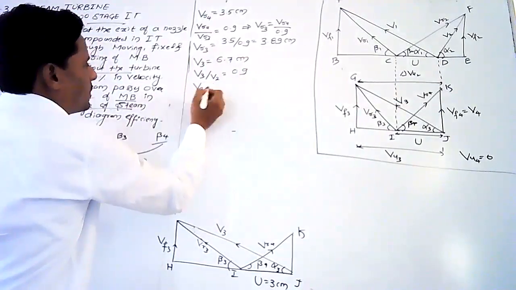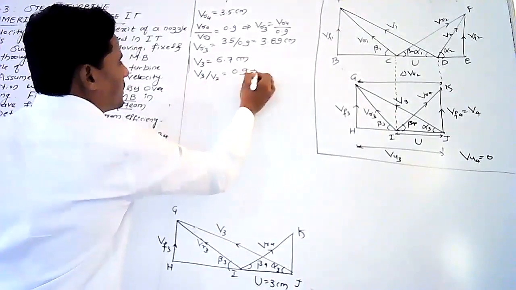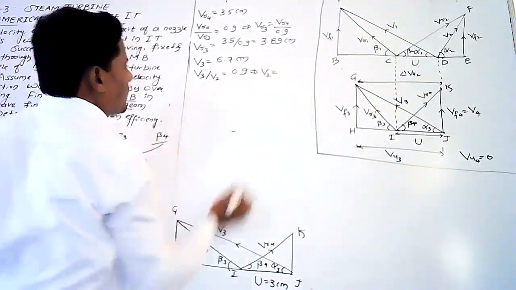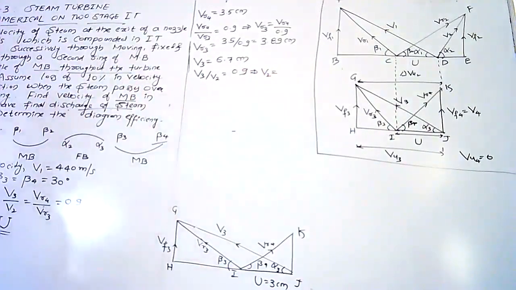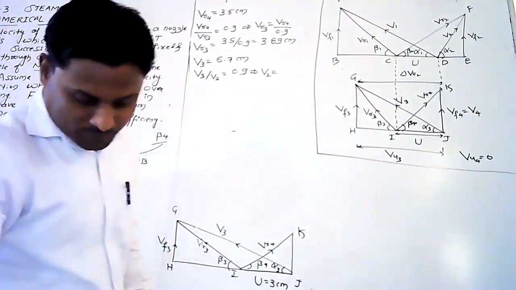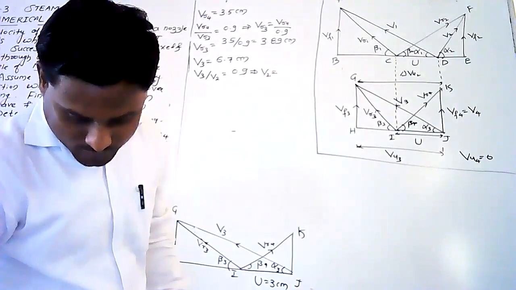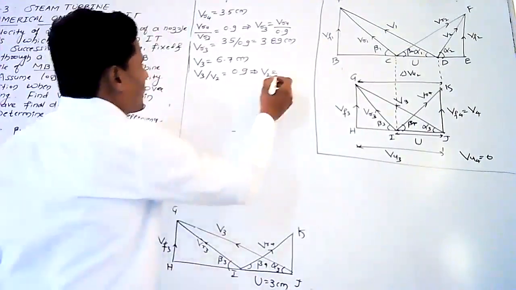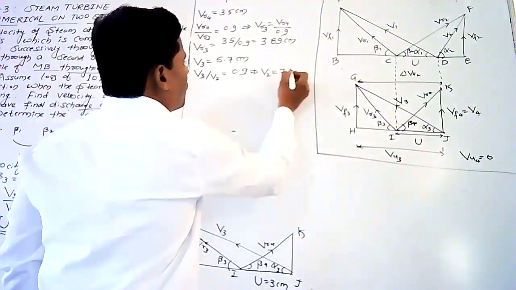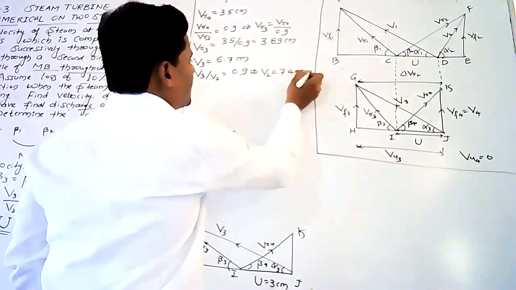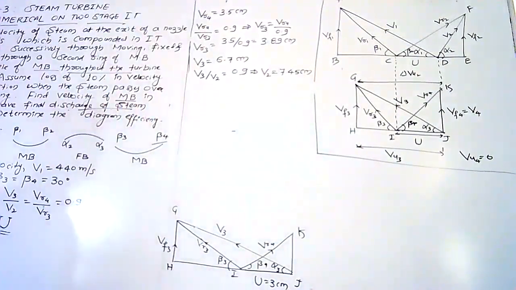Therefore V2 equals 6.7 by 0.9. V2 will be equal to 7.45 centimeters.